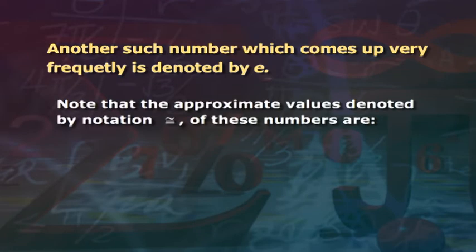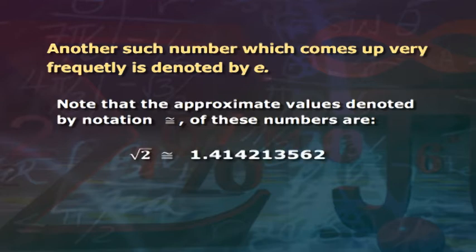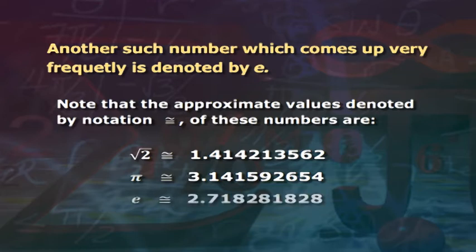Note that the approximate values, denoted by the notation equal and twiddle, of these numbers are: square root 2 is approximately equal to 1.41421356, pi is approximately equal to 3.14159265, e is approximately equal to 2.718281828.